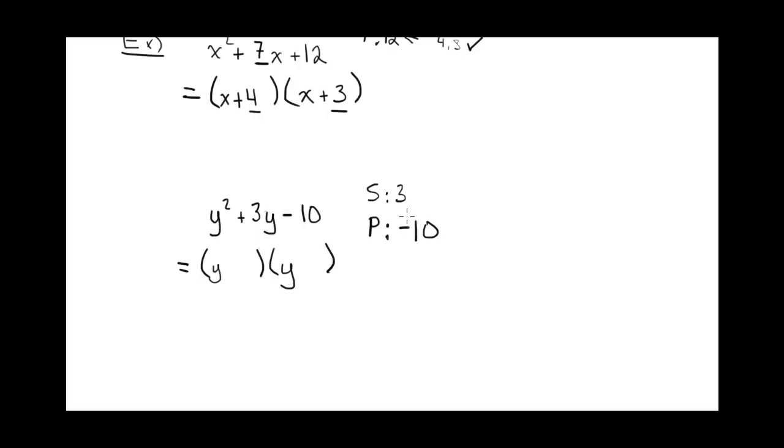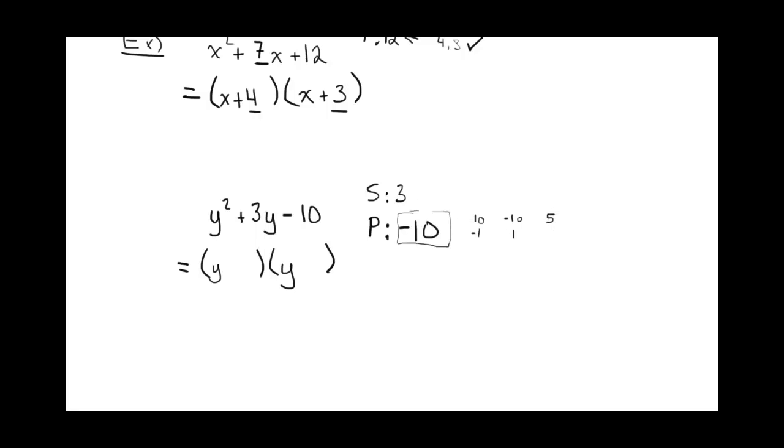Here notice that the product is a negative number, so that means the two numbers have to multiply to a negative, which should tell you one has to be positive and one has to be negative. So what multiplies to negative 10? Well, 10 and negative 1, or negative 10 and 1, but neither of those add to 3.